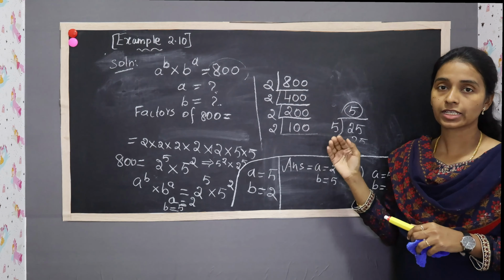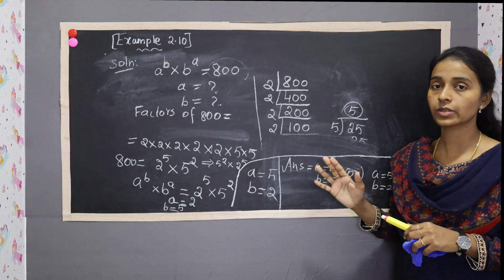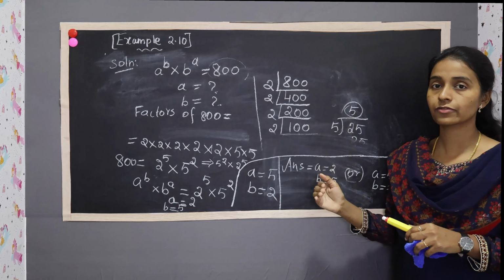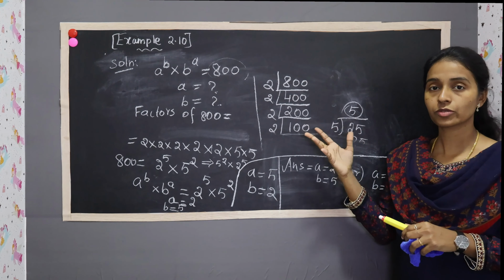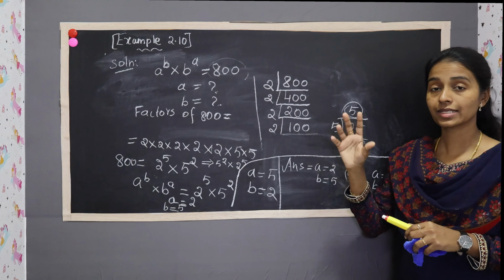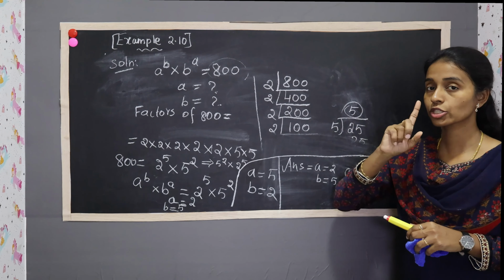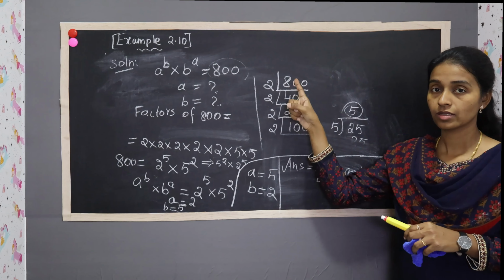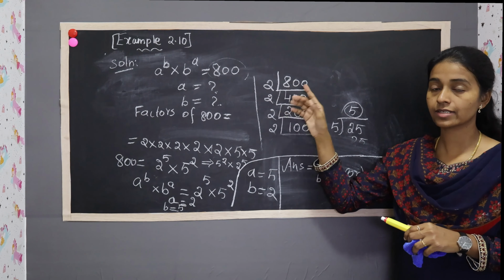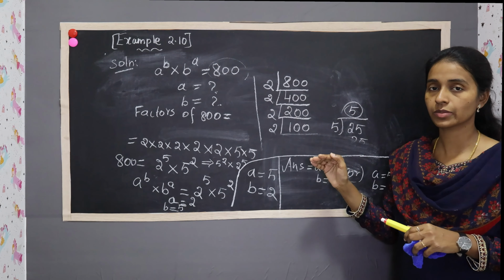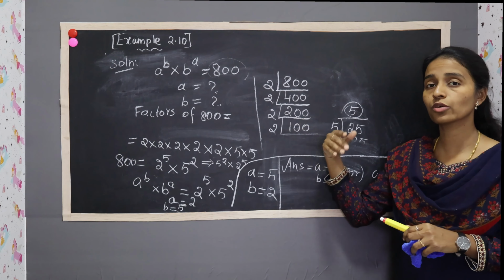Okay, and we are starting from the smallest number. Just forget about number 1. We are starting from 2. But that number should divide the particular number, this 800, completely without leaving a remainder. If it does not, we should go for another number.